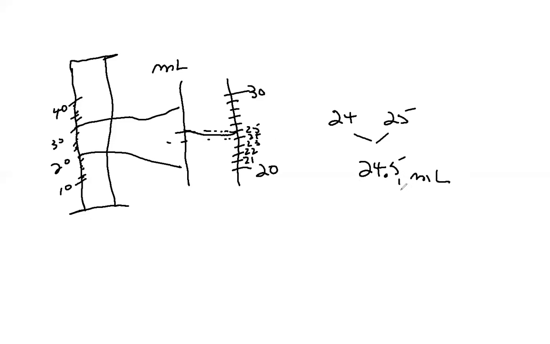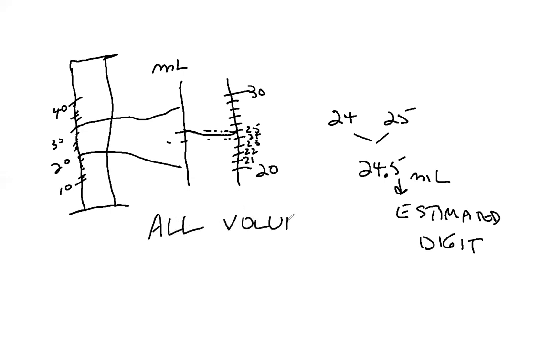So this then, the tenths place, the first decimal place, is our estimated digit. So that means all volumes with this particular graduated cylinder that's calibrated like this to 1 decimal place.